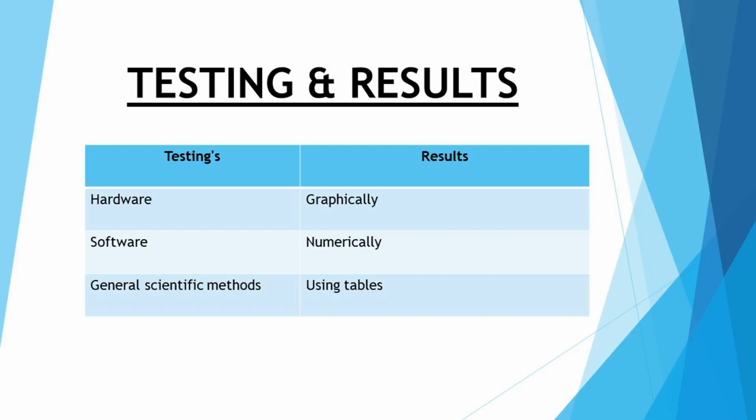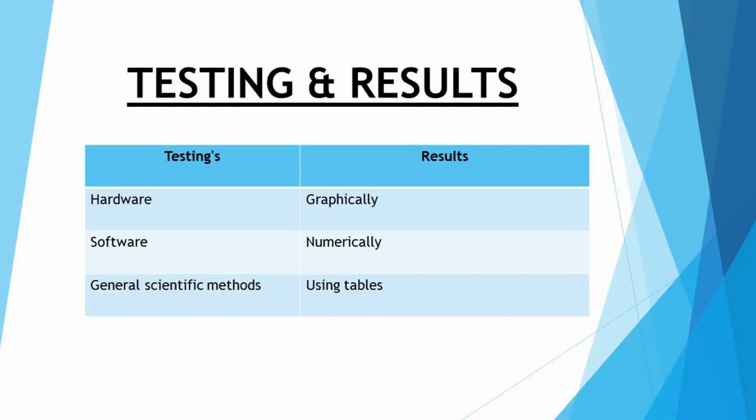Now if you want to know the current flow of your hardware design, you have to use the general scientific method, like using a multimeter to measure the current flow in the system. Those readings of the multimeter values must be captured in a figure, and you can include that in your final year project report.